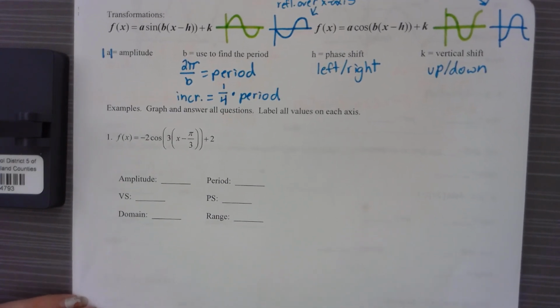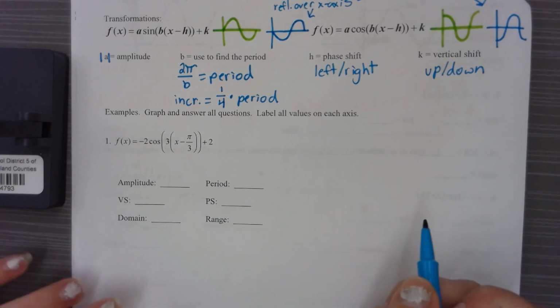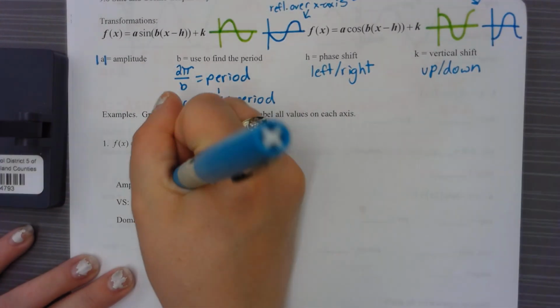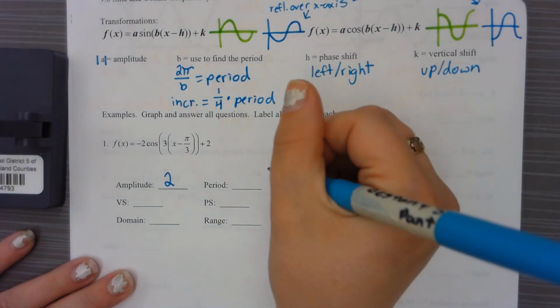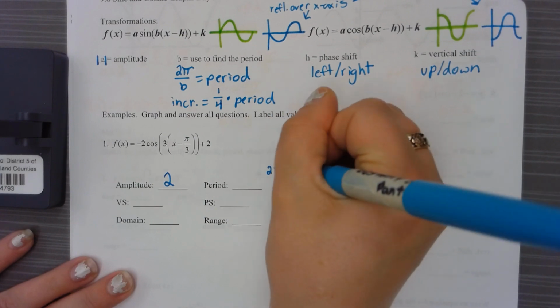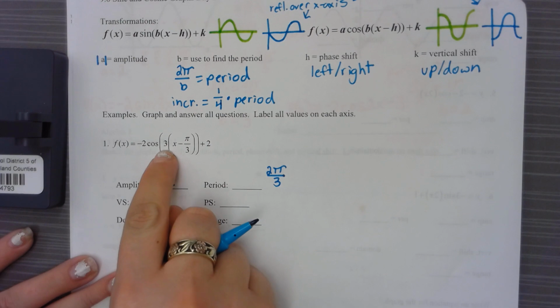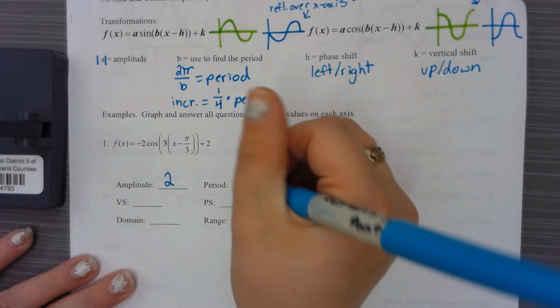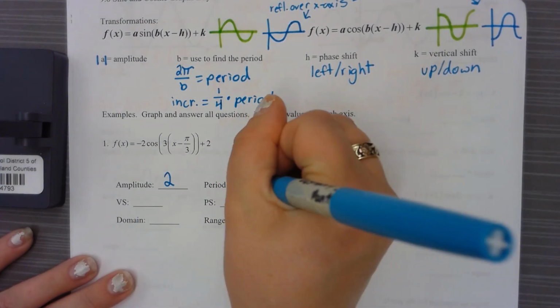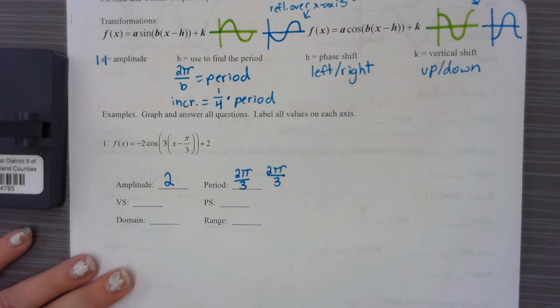So, for this one, what's my amplitude? 2. Okay. To find the period, I'm going to do 2 pi divided by 3, right? This 3 right here. So that is the period because we can't really simplify that. So VS is going to represent that vertical shift.